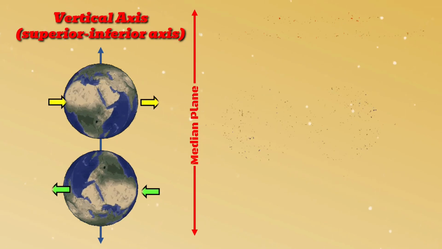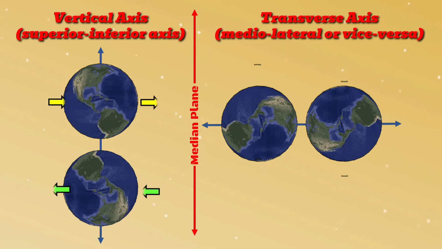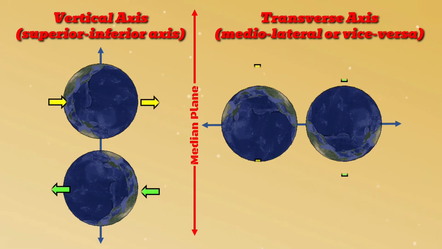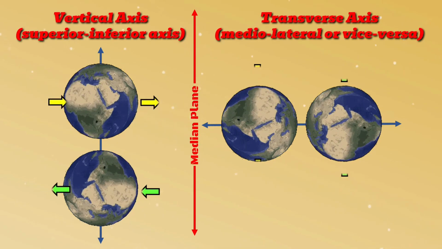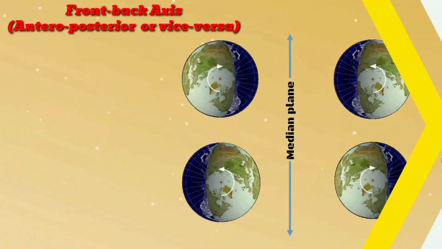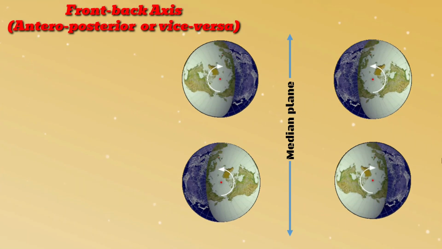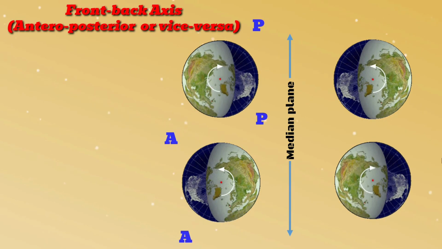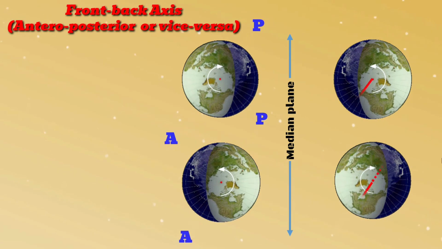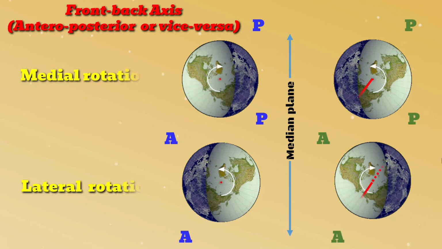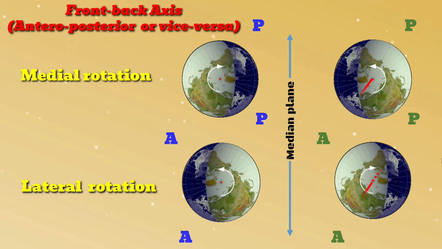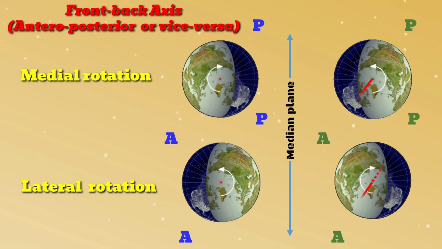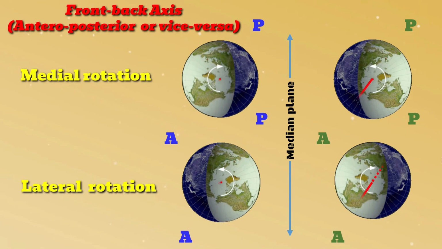On the other hand, the globe rotates upwards for elevation, or downwards for depression, due to its transverse axis. In this third animation, the globe rotates medially or laterally, relative to the median plane, but along an antero-posterior axis. The former is called medial rotation, and the latter is called lateral rotation.